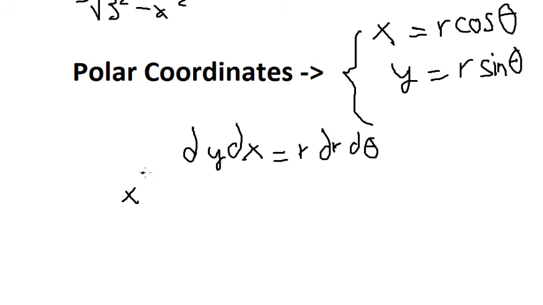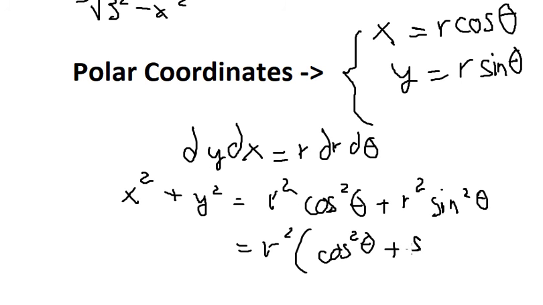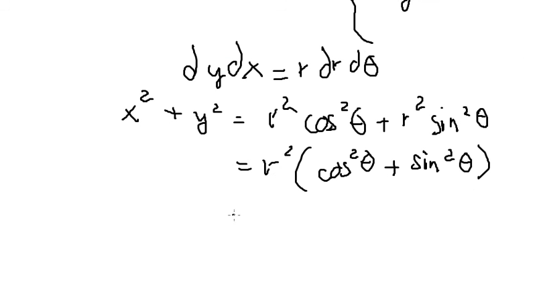We know that x squared plus y squared equals, so we put this one and this one, so we have r squared and r squared. We can do factorization, and this one you get 1.